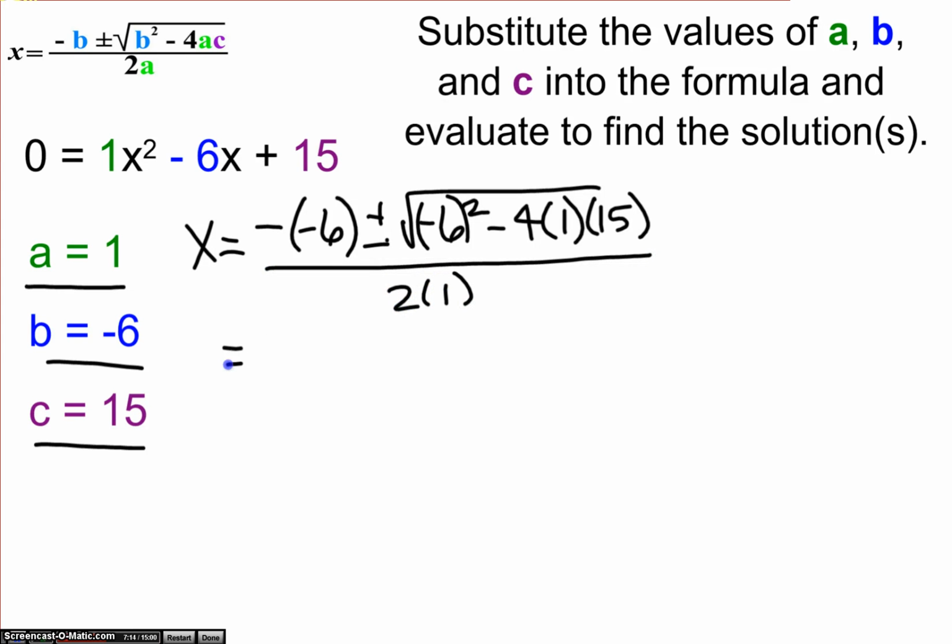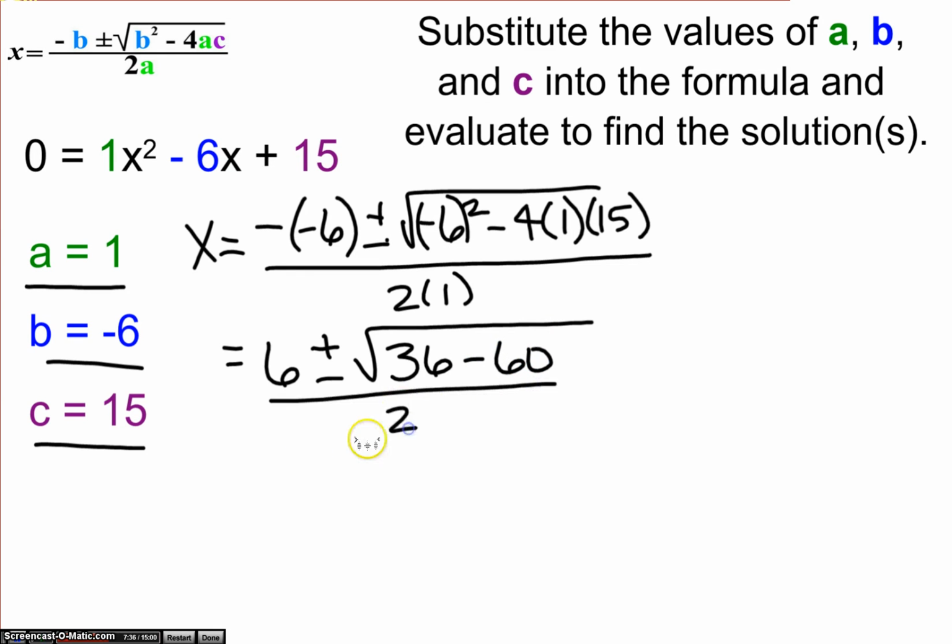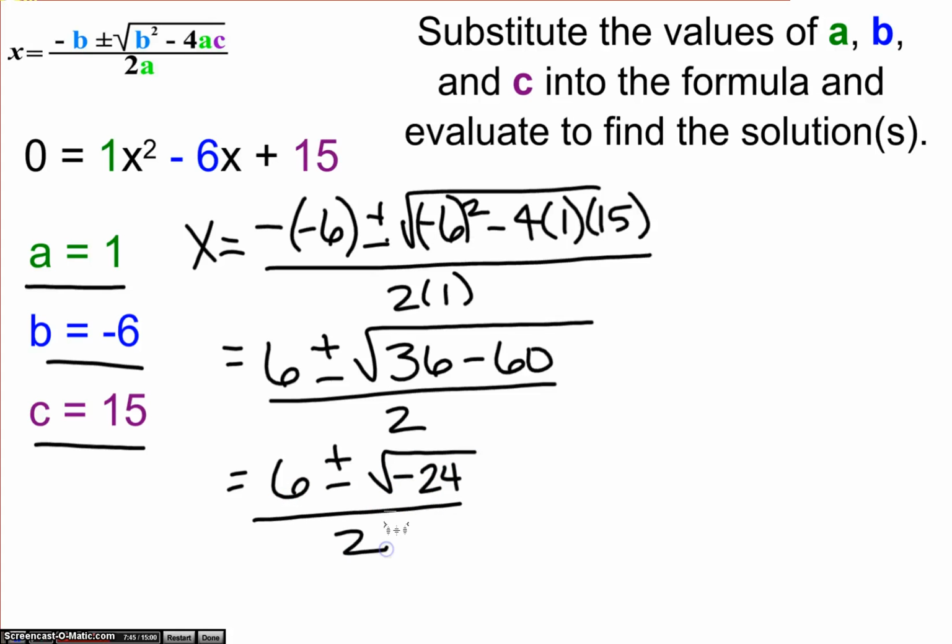Now we can simplify our equation. Negative times negative 6 is positive 6, plus or minus the square root. Negative 6 times negative 6 is 36. Negative 4 times 1 is negative 4, times 15 would be negative 60, all over 2. So we have 6 plus or minus the square root of negative 24 divided by 2.